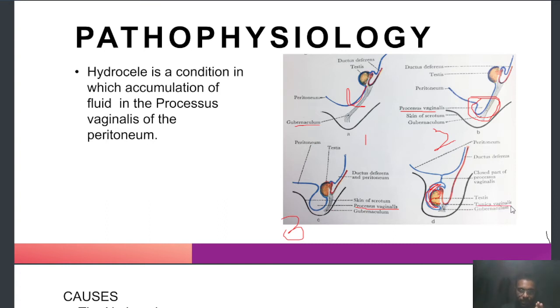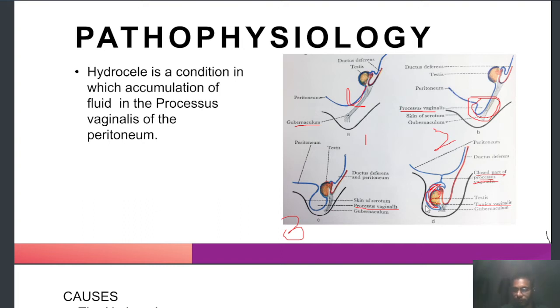The processus vaginalis that was formed during birth now forms the tunica vaginalis, and then this forms the closed part of the processus vaginalis. So this part basically closes up, so the connection between the peritoneum and the abdomen ends up here, and then this entire layer of the peritoneal cavity, both the layers that come up and go down, forms the tunica vaginalis.